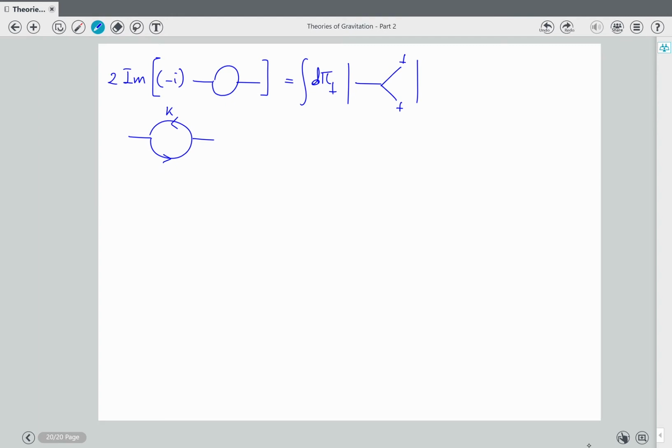So we consider the bubble diagram. Let's say that we have an external momentum P. So that is K minus P. And for the moment, we study the loop integral without a prescription, because we want to see what the prescription does and how we can change it.